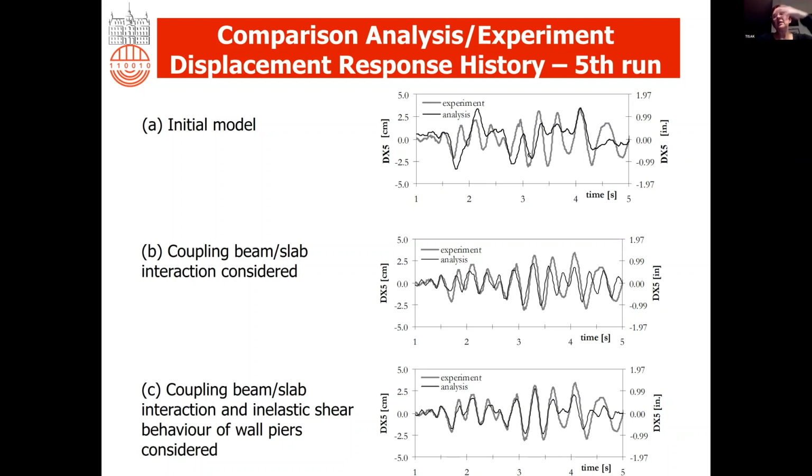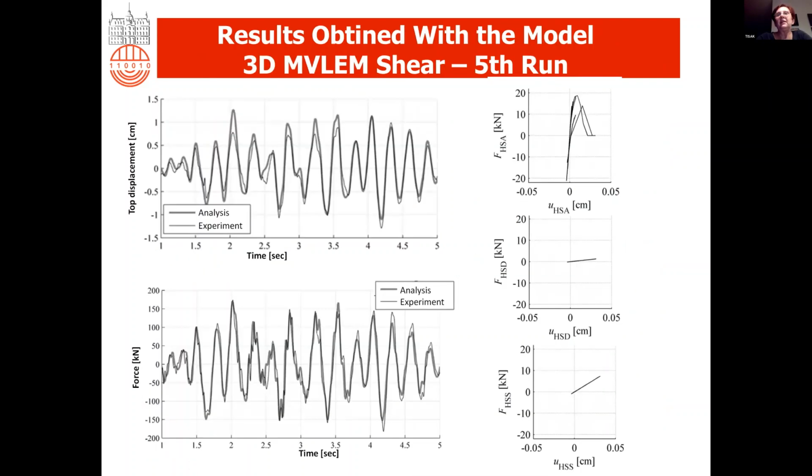So it was not a problem of the model of the piers, but of the coupling beams. Then we used the same experiment to test also the 3D MVLEM shear model, where the shear and the bending were coupled. And this is the fifth run in this experiment.